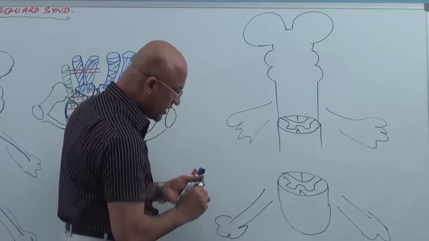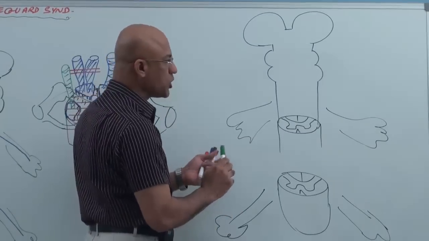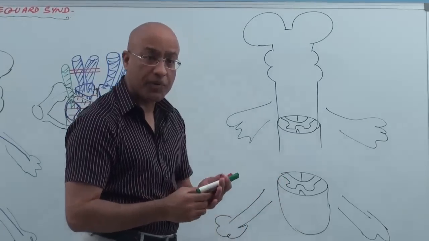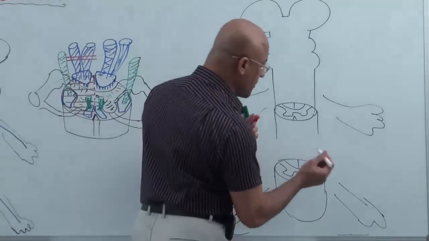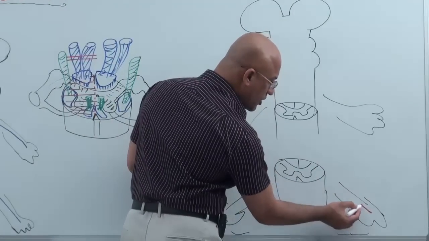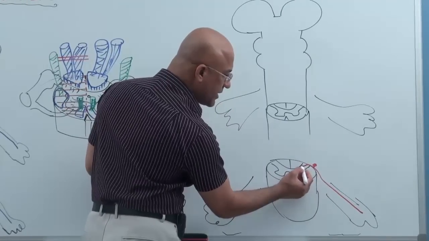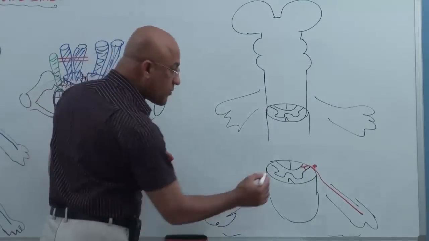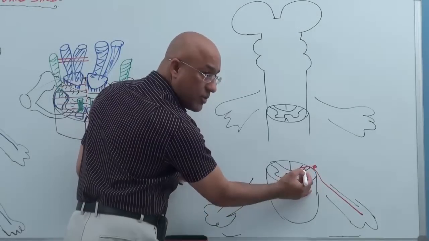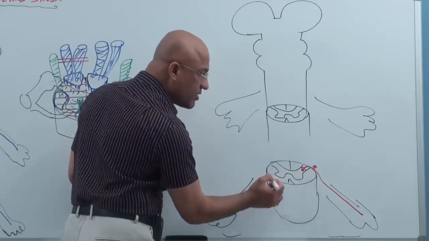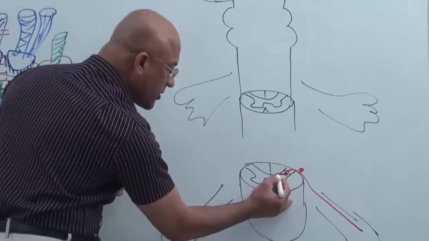Now, first of all, I will show you the pain pathway, the pain and temperature pathway. Pain and temperature pathway from the lower limb: first order neurons come here, they enter the dorsal root ganglion, enter here and terminate. From the level of entry, second order neurons start and they cross to the opposite side.